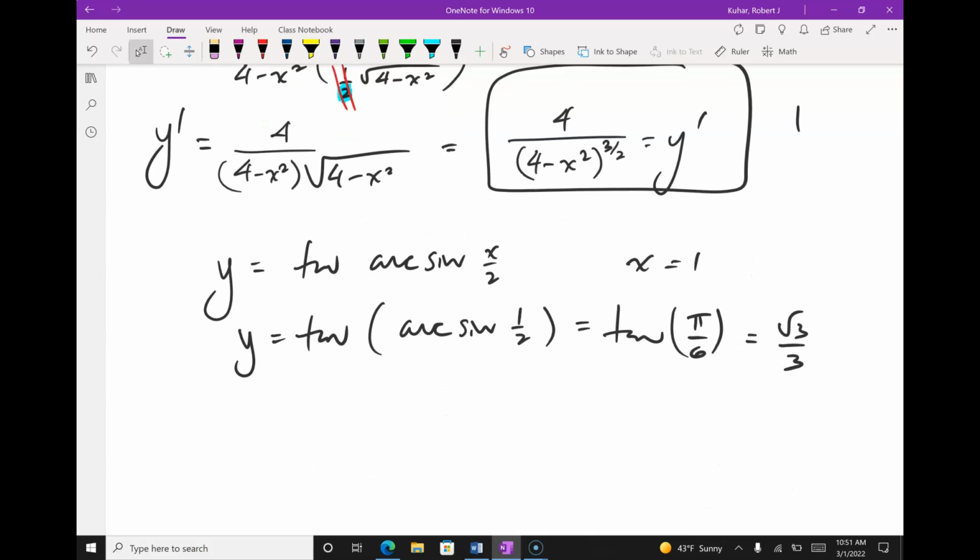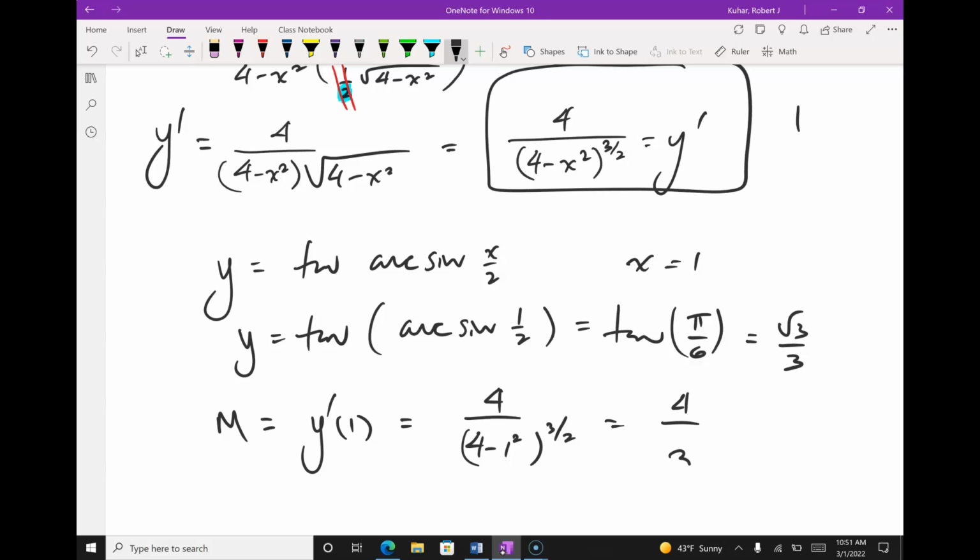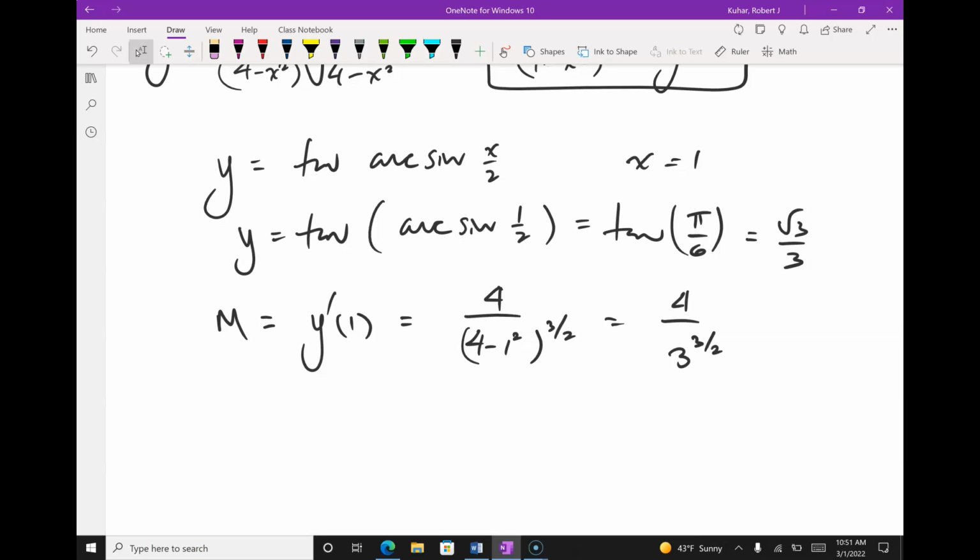And I need the slope. So I need m, y prime at 1, right? So I get 4 over 4 minus 1 squared to the 3/2 power. So that's 4 over 3 to the 3/2 power. So that's 4 over what?